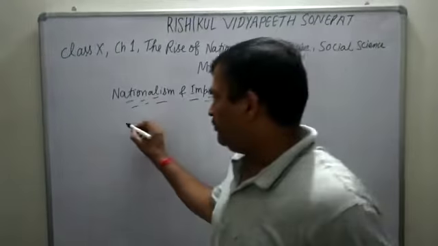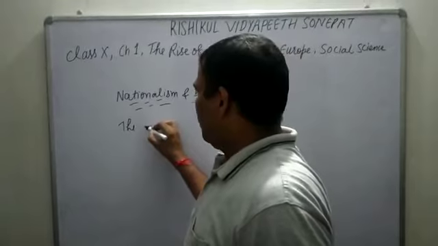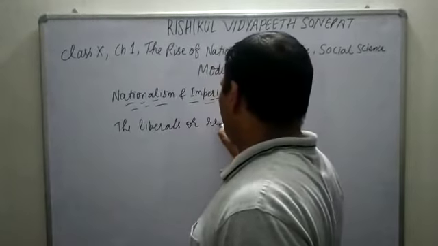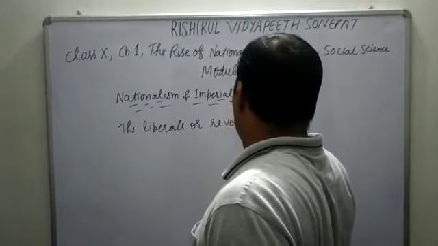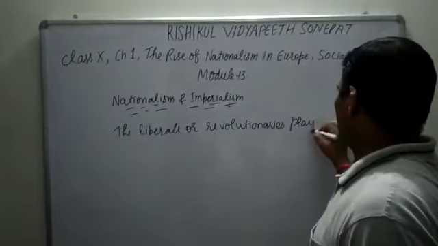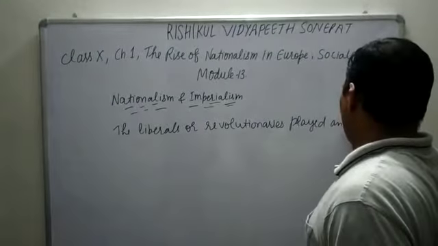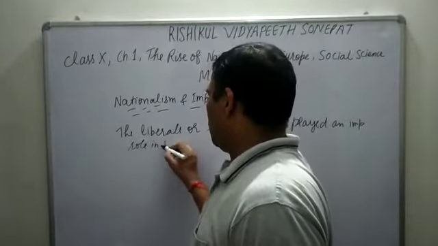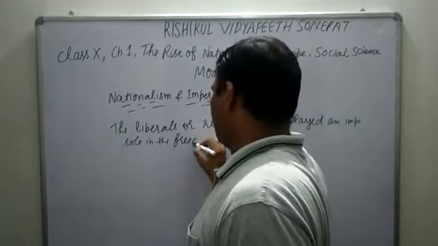So what happened? The liberals or the revolutionaries played an important role in the freedom of the Balkan states.